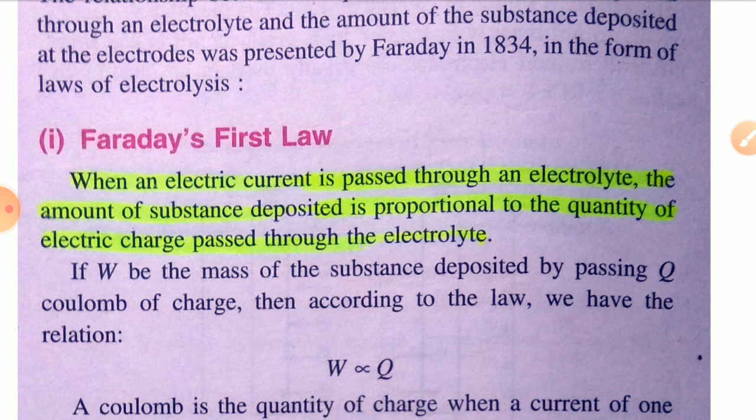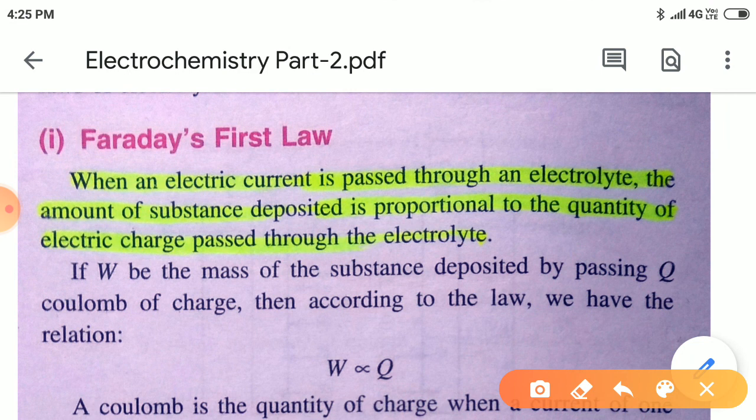Therefore, if W is the mass of substance deposited by passing Q coulomb of charge, then according to Faraday's first law of electrolysis, we may write W is directly proportional to Q.